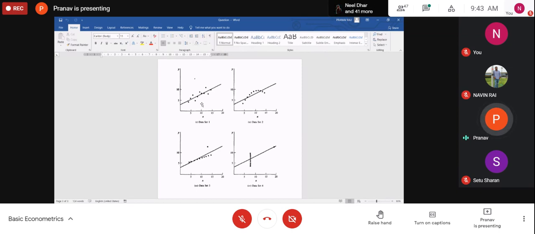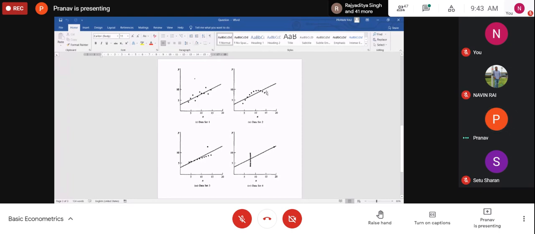It's a linear model, and potentially no such problem exists for data set one.